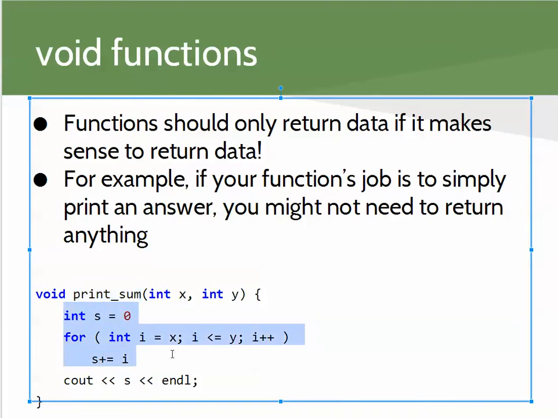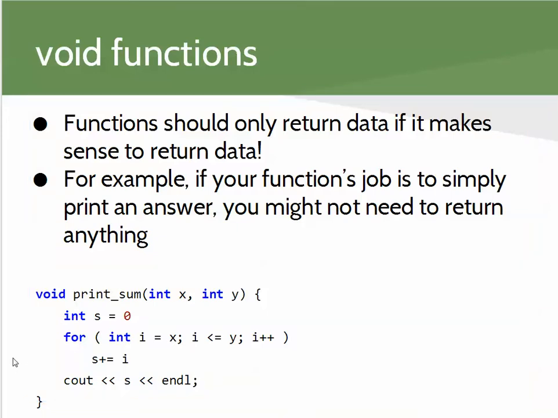It would compute the entire sum and then print it. And notice that we don't have any return. So if we're going to call print sum and the expectation is not that it gives us the sum, but simply that it prints out the sum between x and y, then we don't need to specify a return type. There is no return statement.